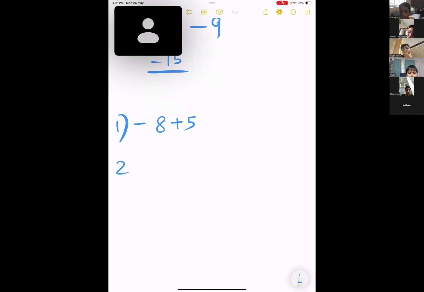And if you want to practice more of these questions, I have given it in the group. You can practice it. Okay, quickly give me the answer for this. Okay, next.